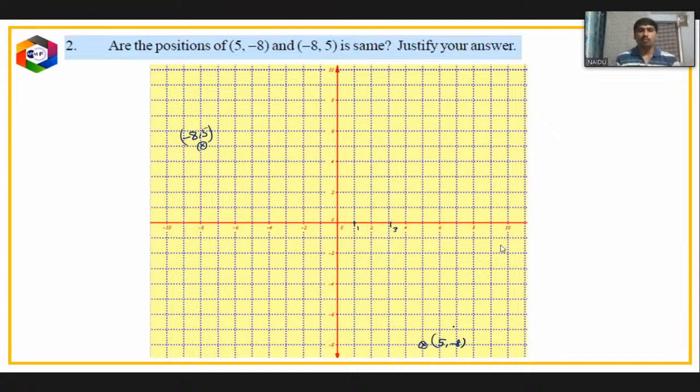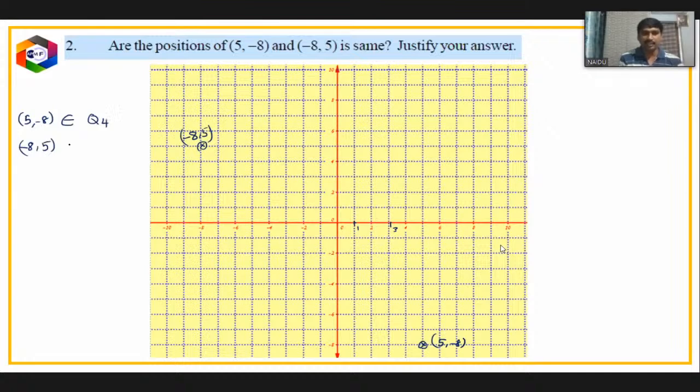Now one point is (5, -8) and another point is (-8, 5). In looks, these two look the same, but coordinate-wise both are different. (5, -8) is the point which belongs to Q4, since x is positive and y is negative.